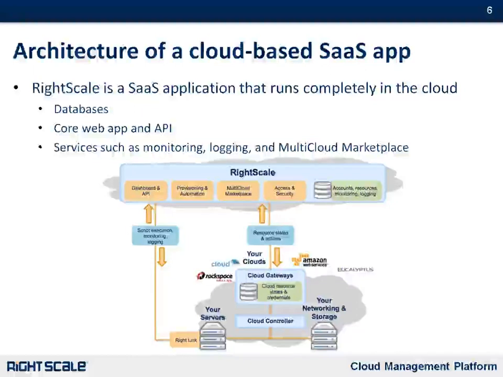Server templates are the basis of configuration for each of the servers in our infrastructure. They allow you to specify what packages you want to install, how you configure the file systems, how you configure your applications, what versions of the apps you want, and so on.